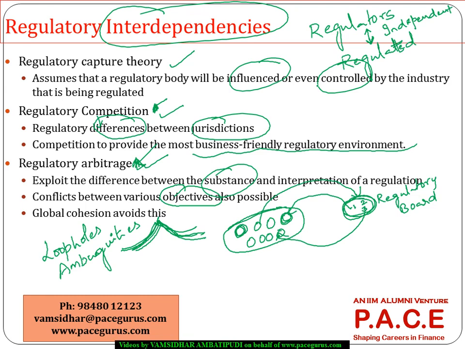To avoid all these things, it's always suggested that global cohesion in regulatory norms will reduce these kinds of interdependencies and promote much better trade.